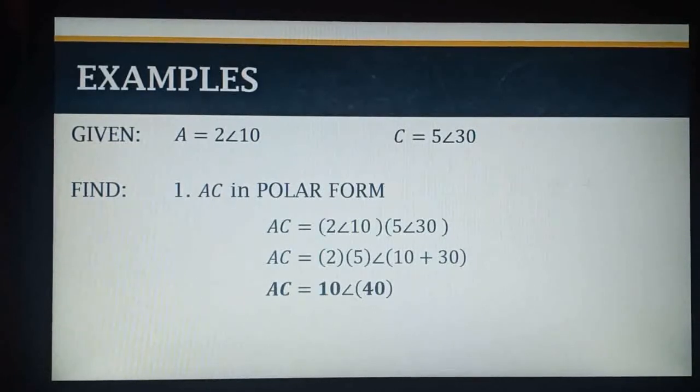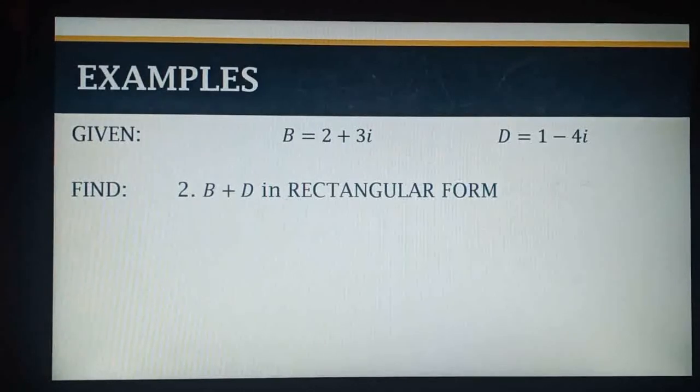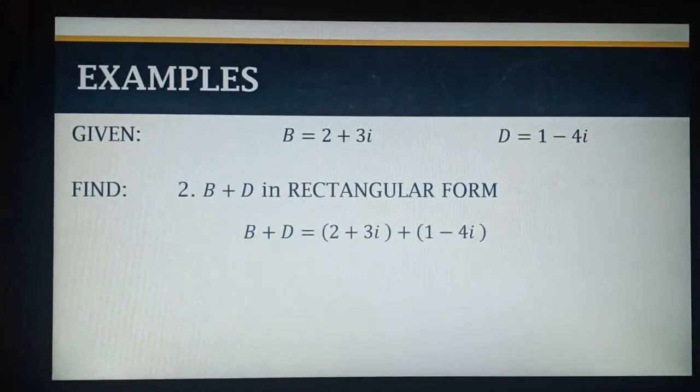Next item is B plus D in rectangular form, wherein B and D is already in rectangular form, so we will have to add yung B saka yung D. So pag mag-add tayo ng rectangular form, real kay real, imaginary kay imaginary. So you will have 2 plus 3i plus 1 minus 4i.